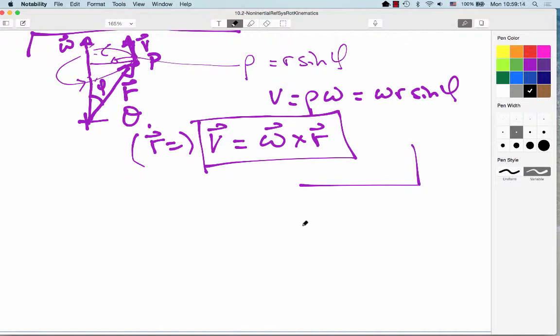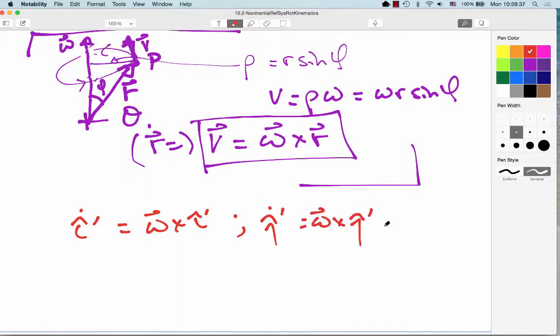So the time derivative of our unit vectors will be, so my i prime dot will be equal to omega cross i prime, and similarly for j and k.